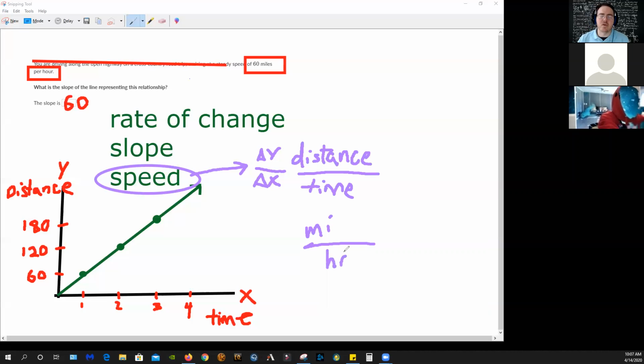And I would have to imagine if you ever go to Europe and they're on the metric system, it'll be kilometers per hour. But yeah, I'm pretty sure the answer to that is just 60. And as a teacher, I understand that question is trying to poke and prod at the students that don't understand that rate of change and slope and speed are all the same thing.